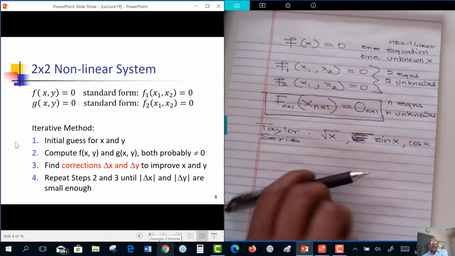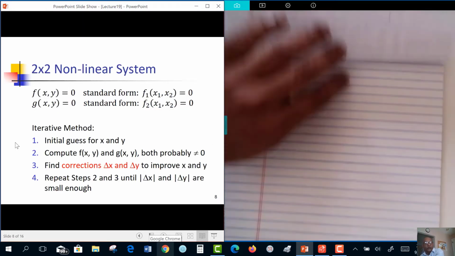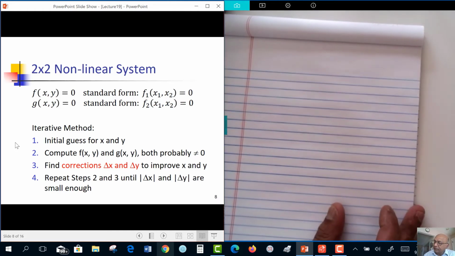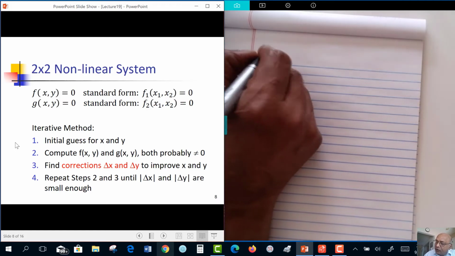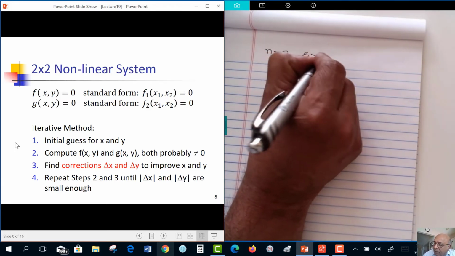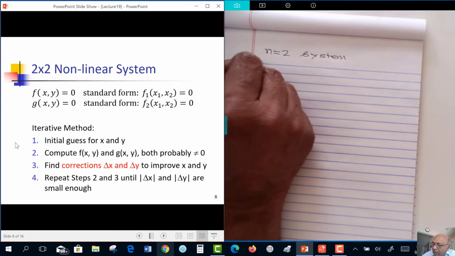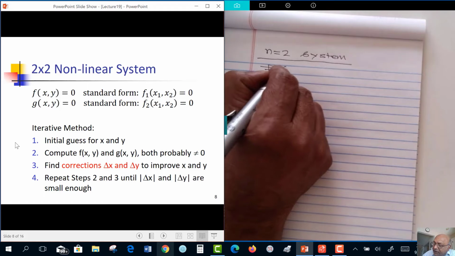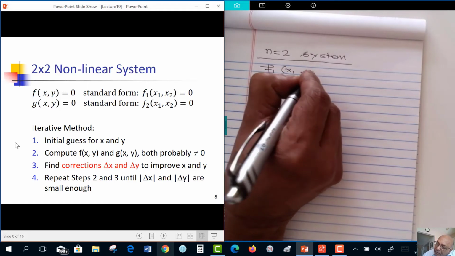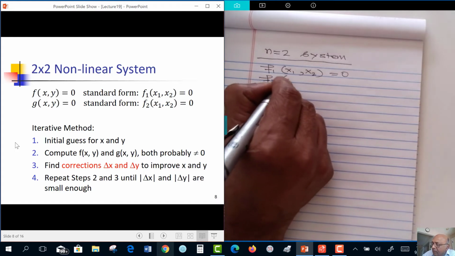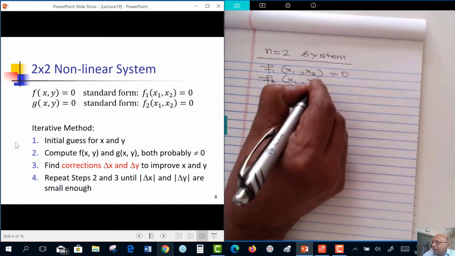So let's start by looking at a 2 by 2 system. Ordinarily, if we have a 2 by 2 system, we would begin by writing two equations in two unknowns, like this.